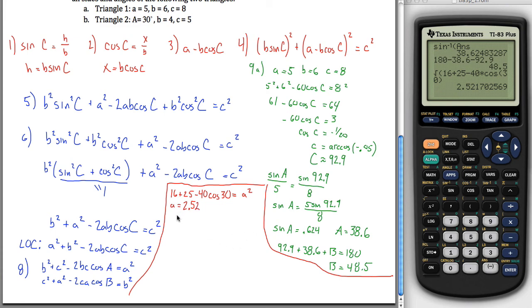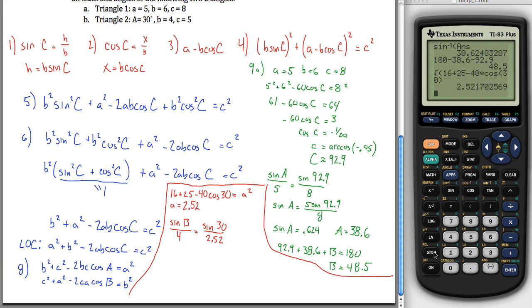But now that we know A, we can figure out the things we don't know. We know all three sides and we know one angle, so to figure out the other two angles, we could figure out B in a few different ways. I think the law of sines would probably be the easiest. We know that the sine of B divided by B is equal to the sine of A, which is 30 degrees, divided by A, which is this 2.52 thing that I just came up with.